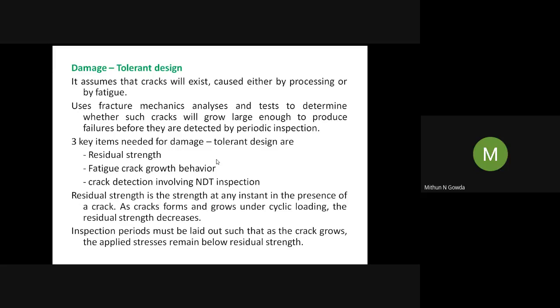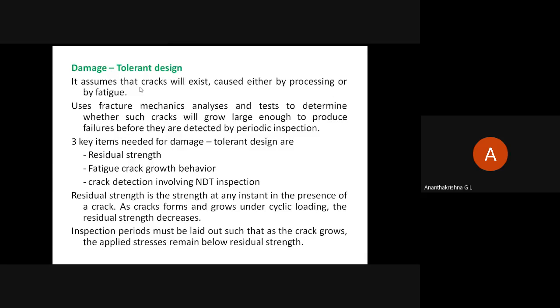Yes, sir. So where are you right now? Are you in Damage Tolerant Design? Yes, sir. You can look at the screen, whatever I have posted here. I have shared it with you. You can write from there.